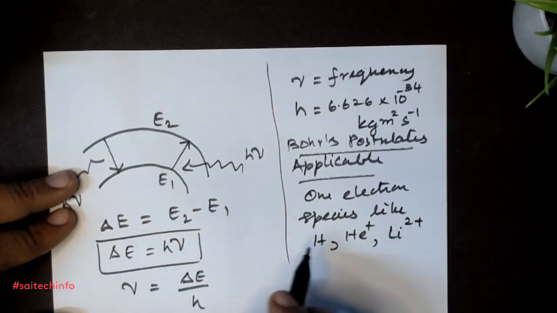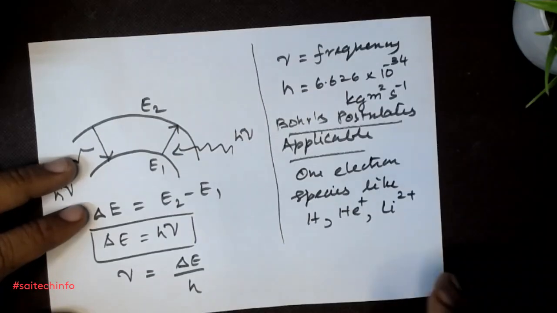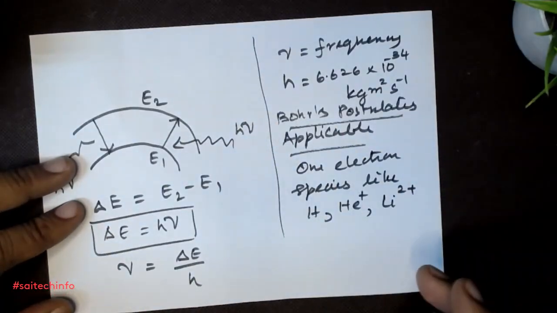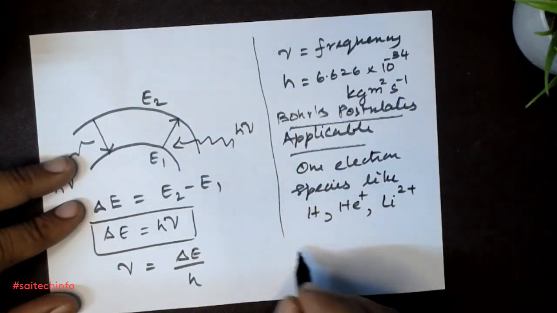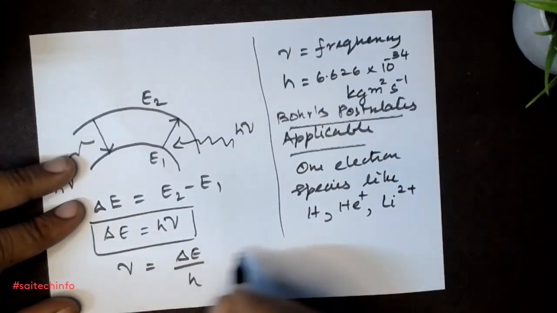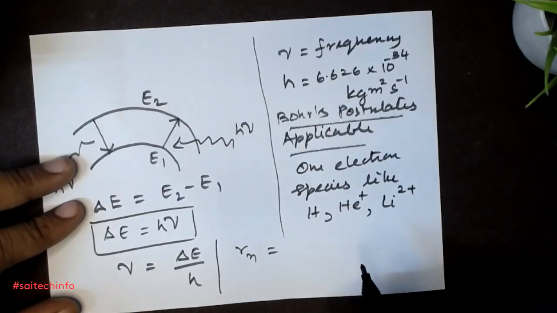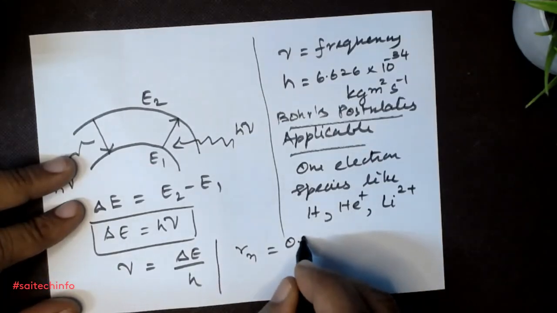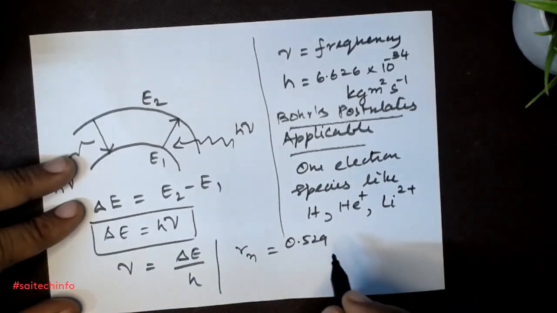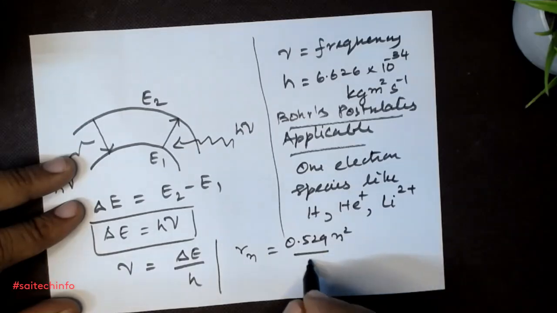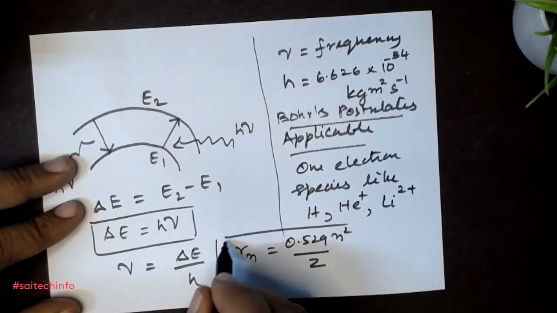So, based on his concept, we were able to obtain the radius of this circular orbit. It was given by r of nth orbit is equal to 0.529 into n squared divided by Z. Z is the atomic number.